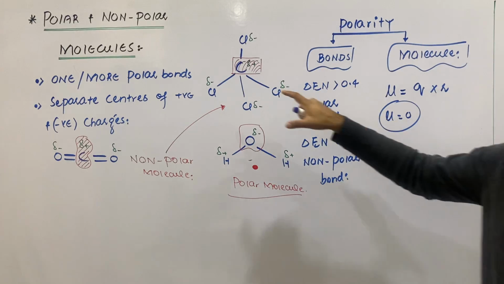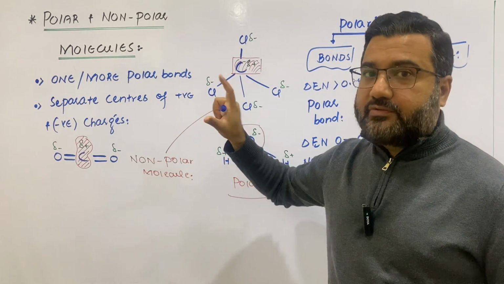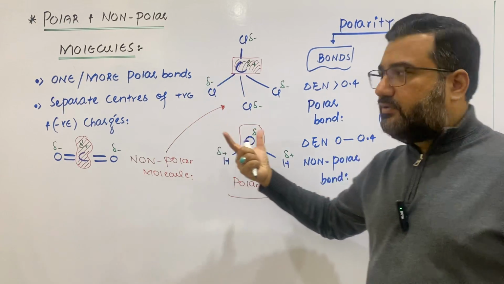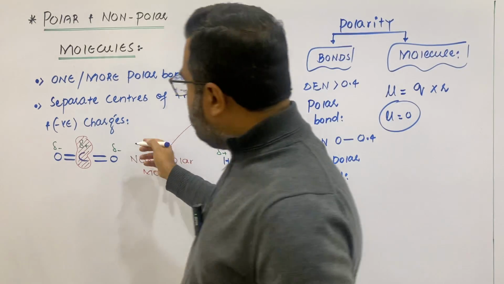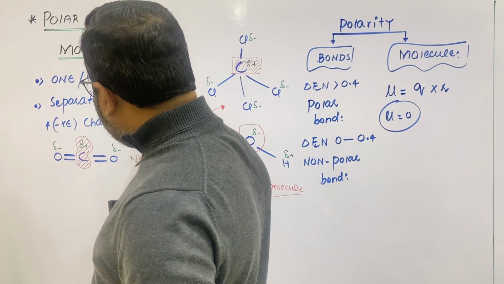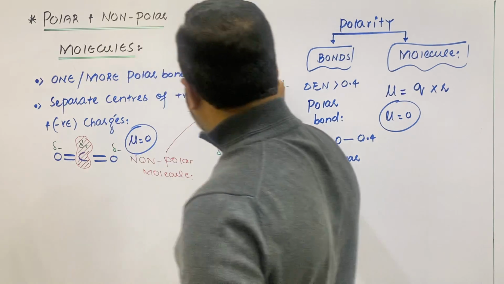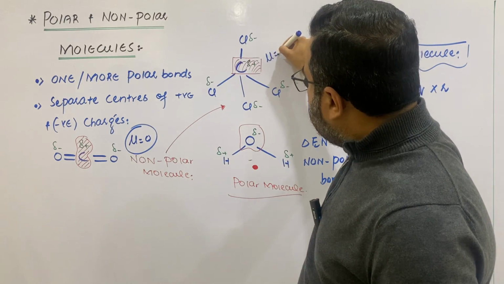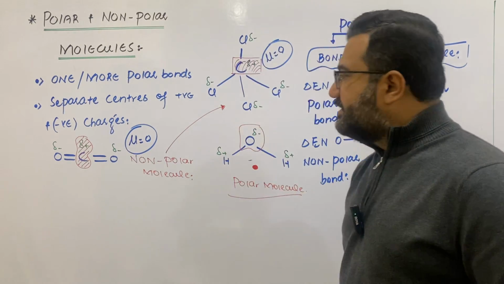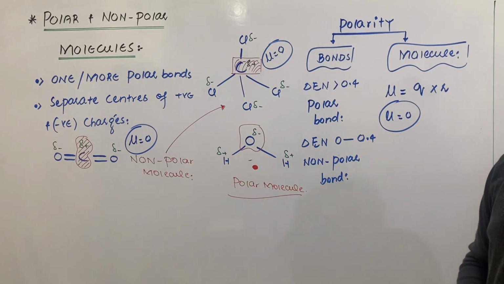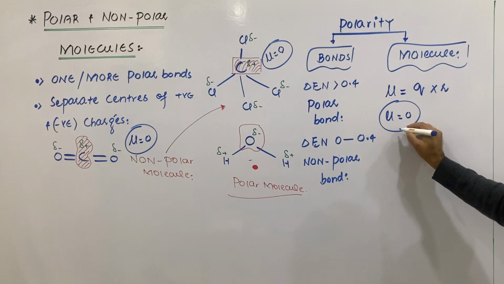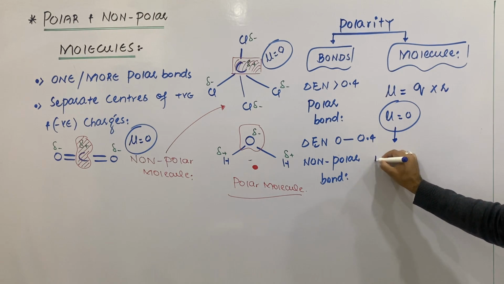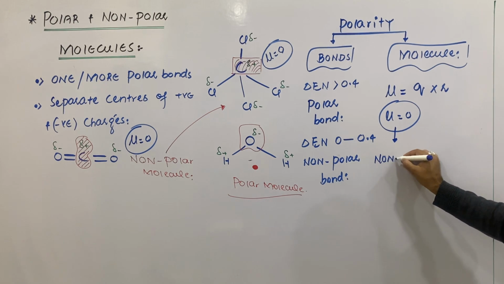So if any one of these two conditions is not fulfilled, then the dipole moment will be zero, just like in case of CO2 and carbon tetrachloride. The dipole moment is zero. So even though they have polar bonds, overall the molecules will be non-polar. So all molecules with zero dipole moment will be considered as non-polar.